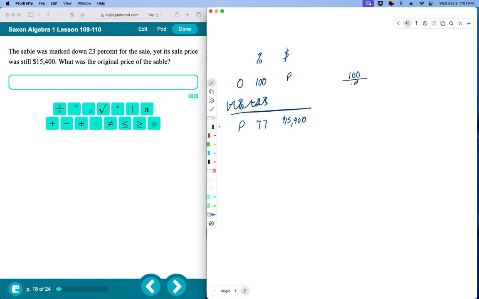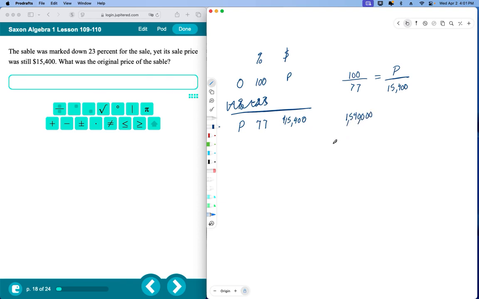100 over 77 is equal to P over 15,400. So when I multiply 100 times this, I get 15400 and 2 more zeros.